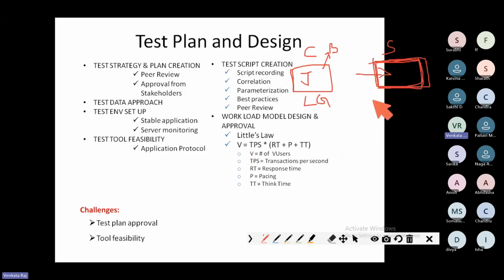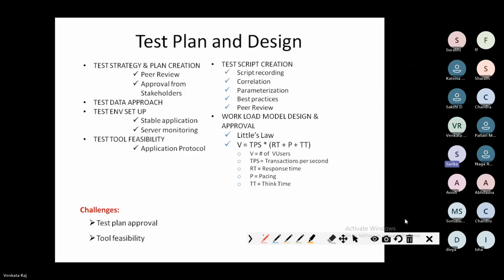And also vice versa. I don't need to install the application on different servers or different operating systems, because it is already decided how my application is going to be deployed in production. The same way you are going to get the application. Clear? Yes, sir. So we only need to test the server.